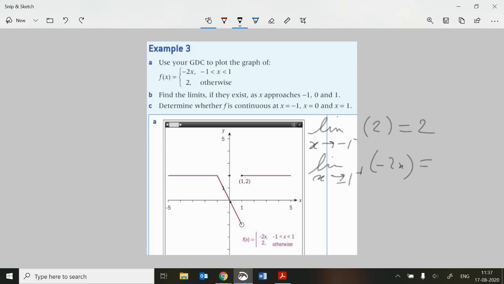You can come up with a table of values for yourself if you want, but it's pretty obvious that this is a continuous function and that you're tending towards 2 as well. Therefore, the limit as x tends to -1 of this function, because piecewise the function is defined to be both things, is equal to 2. In other words, the limit exists.